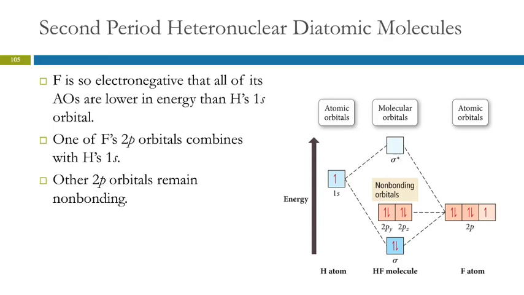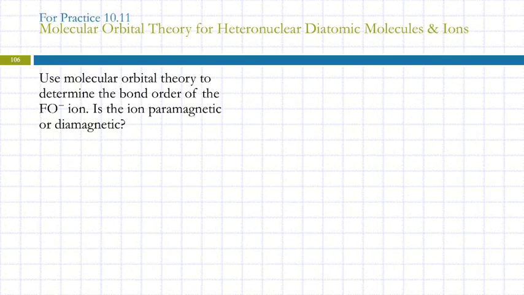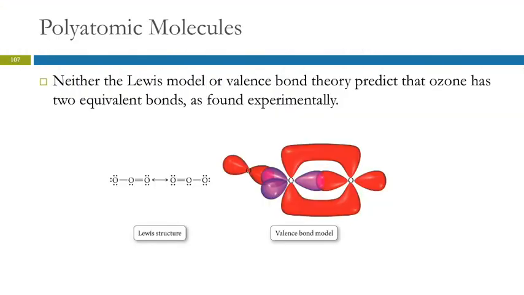I won't ask you questions about that. That's just weird. What's happening here is that one of the 2p orbitals is overlapping with the hydrogen. It's combining to form a sigma and sigma star. And then these other two are just sitting there. They're not antibonding, they're non-bonding. We're going to skip that one.